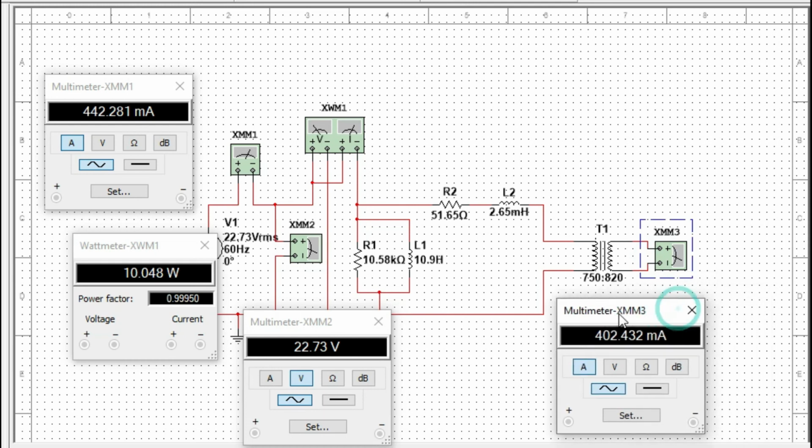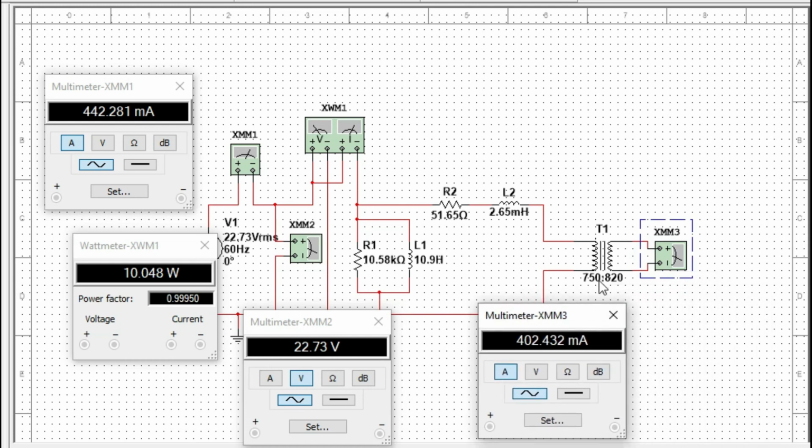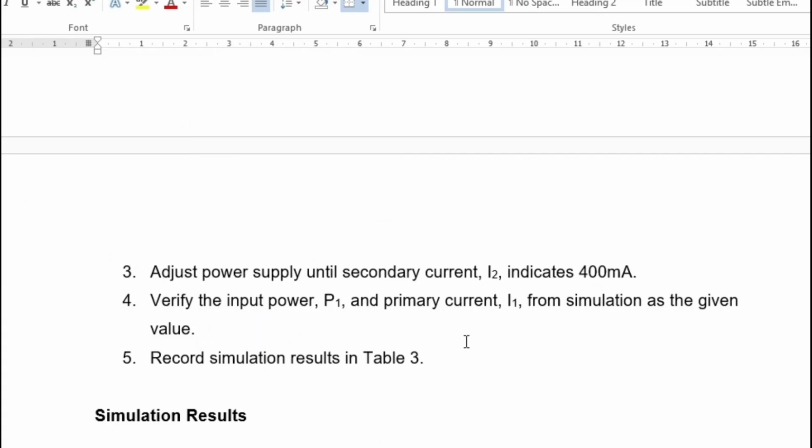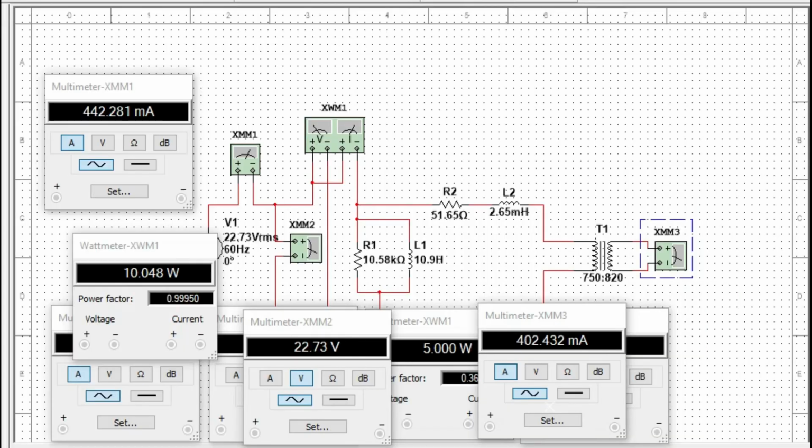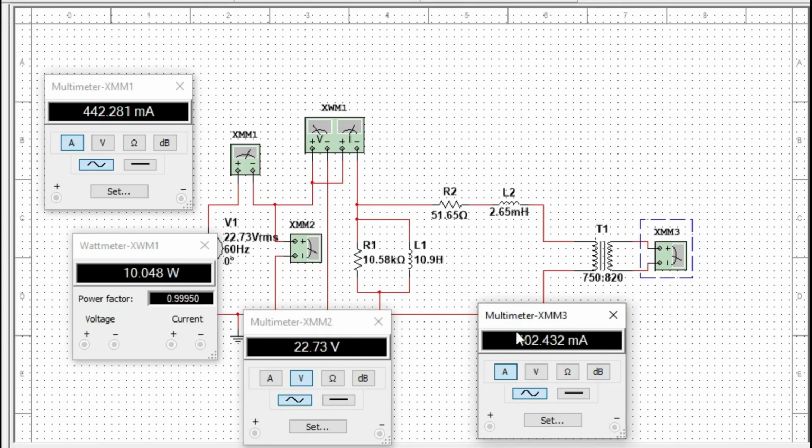and the current for the secondary winding is 402.452 milliamperes. We adjust the power supply until the secondary current matches, and when we put in the calculated voltage, the resulting current is similar to 400 milliamperes, which is 402.432 milliamperes.